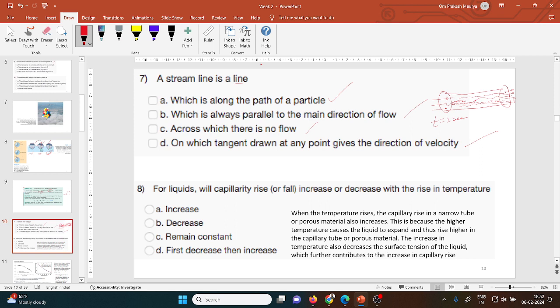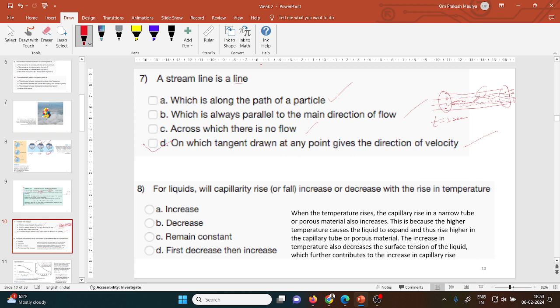When you connect all the particles to each other at a particular time, taking the snapshot, each particle has velocity. So when you draw a tangent at any point, it gives you the velocity, because this line is the locus of the millions of particles in the flowing fluid in the pipe. So basically the streamline concept is this.